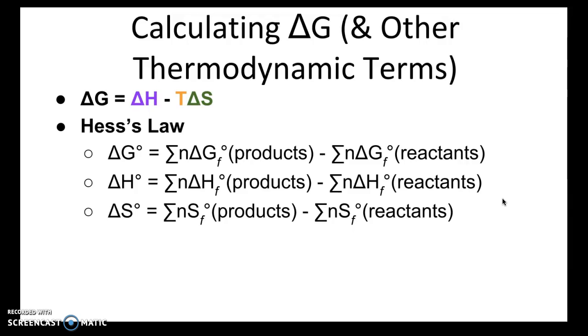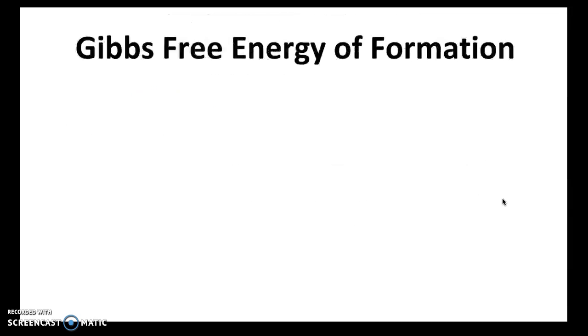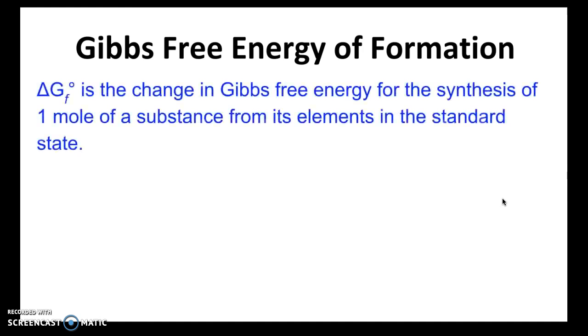And although we're not going to calculate that until part 2 of this video, we are going to talk about what is meant by free energy of formation, because this is a very common question. It comes up a lot, so you really need to know what free energy of formation is. So here's the definition. In terms of Gibbs free energy, delta G F naught, with the F standing for formation.